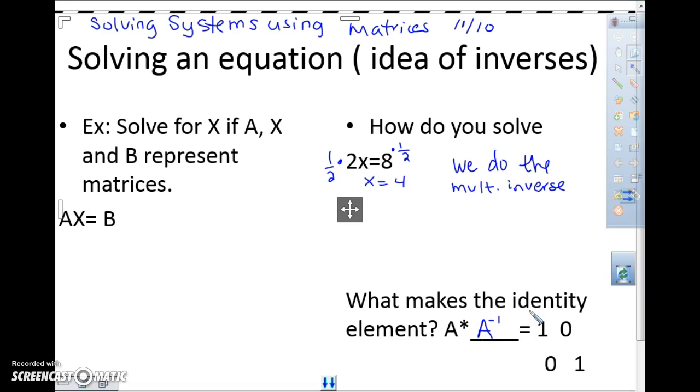So now look to the left. I'm going to give you a minute to write down AX equals B, where A and B represent some sort of matrix, and X represents a matrix full of variables.